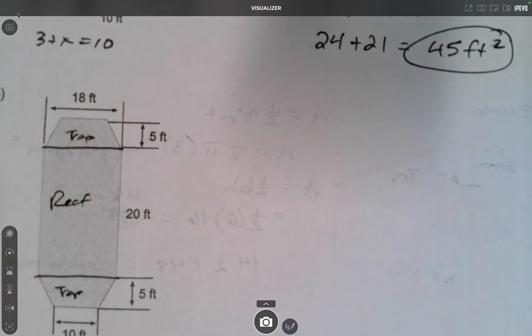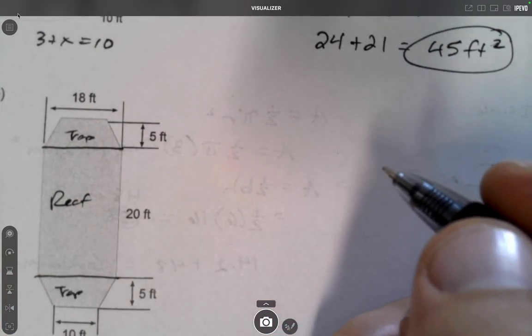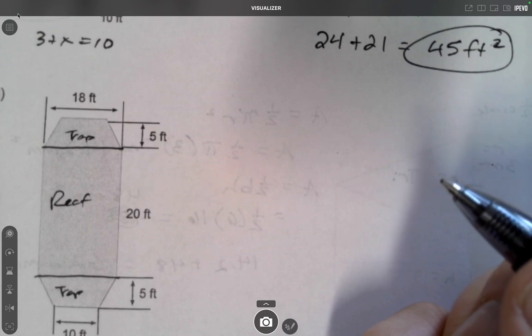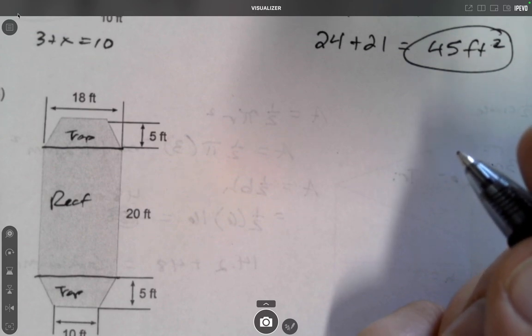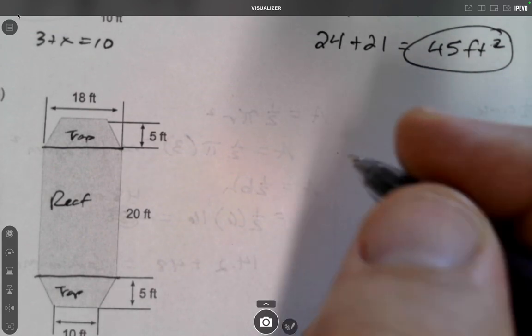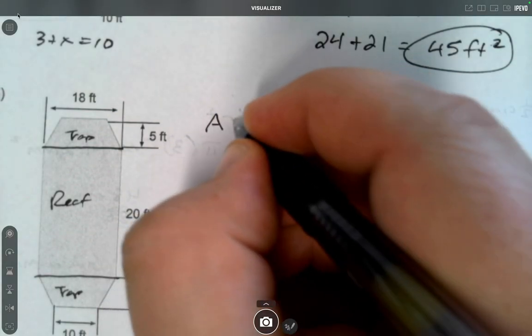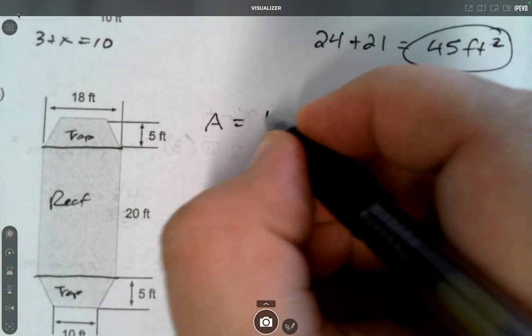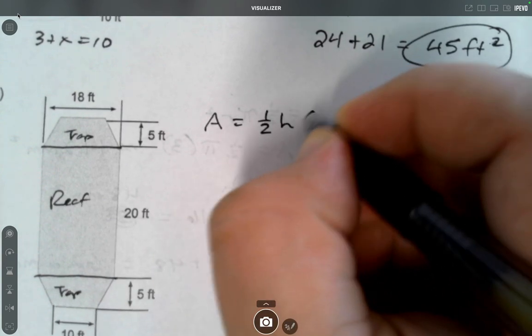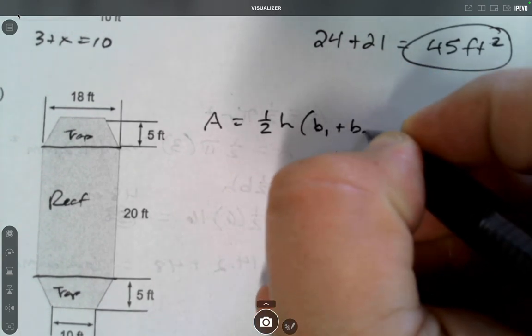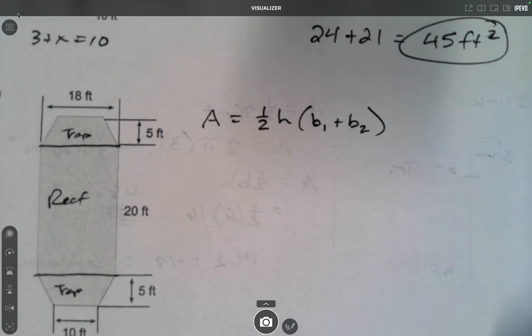So let's do the trapezoid first. Sorry, got lost in my train of thought. For the trapezoid, we have half times the height plus base 1 times base 1 plus base 2.